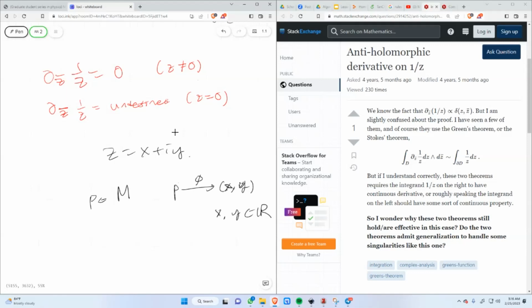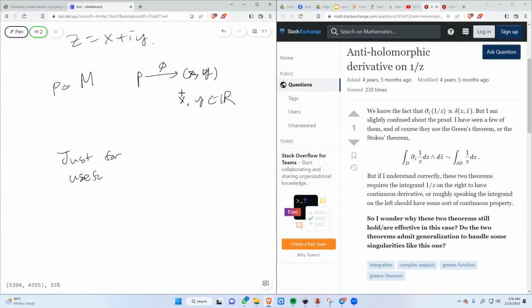But what people are doing is just for the sake of handiness, for usefulness, they complexify the tangent spaces. That's what they're doing.